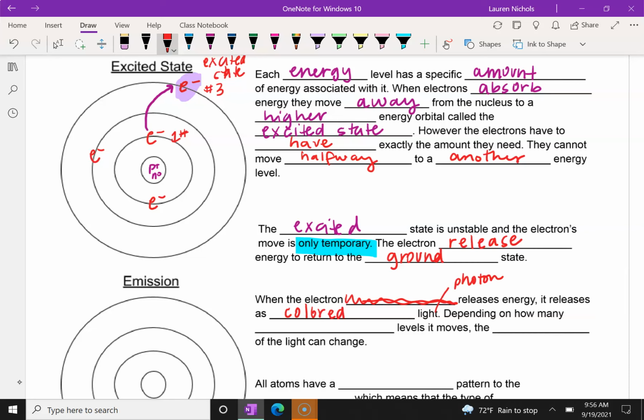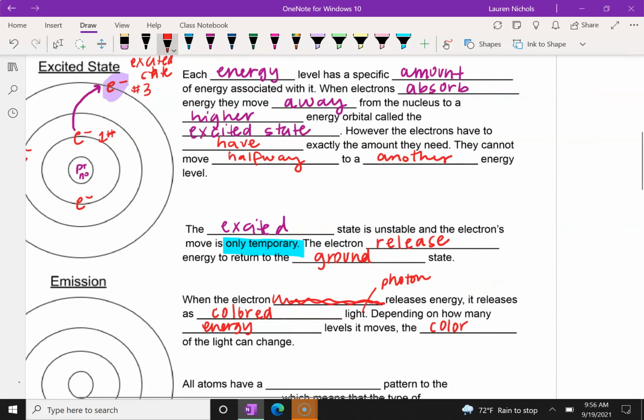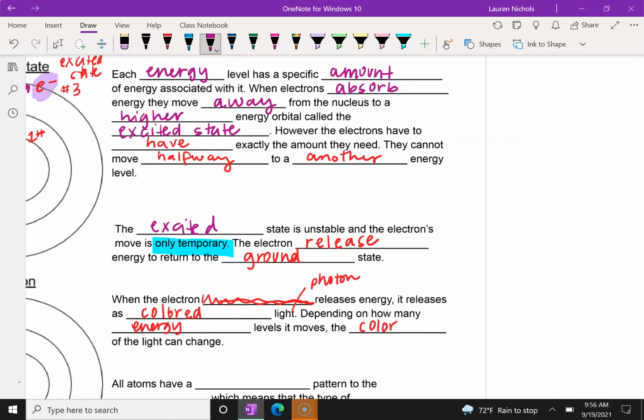And so depending on how many energy levels it moves, the color of the light can change. So for example, when we think about light, think about Roy G. Biv, okay? Red, orange, yellow, green, blue, indigo, and violet.